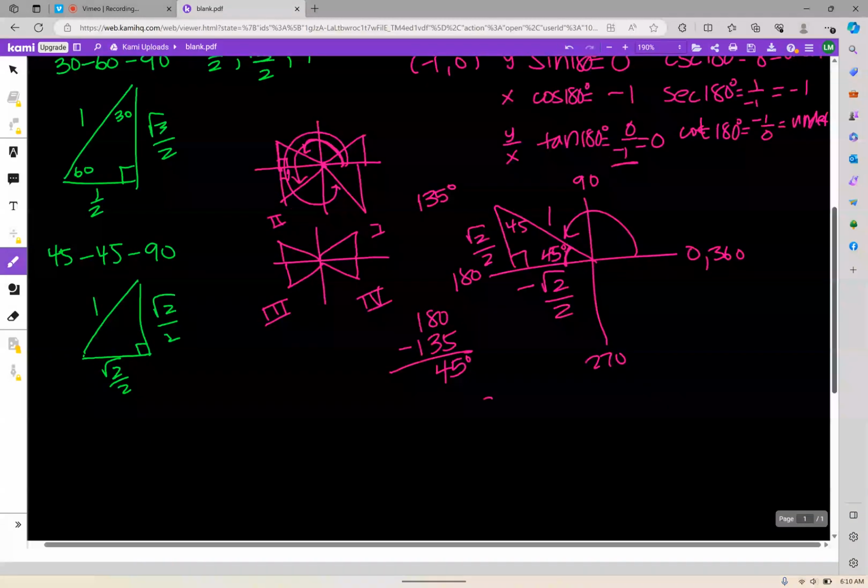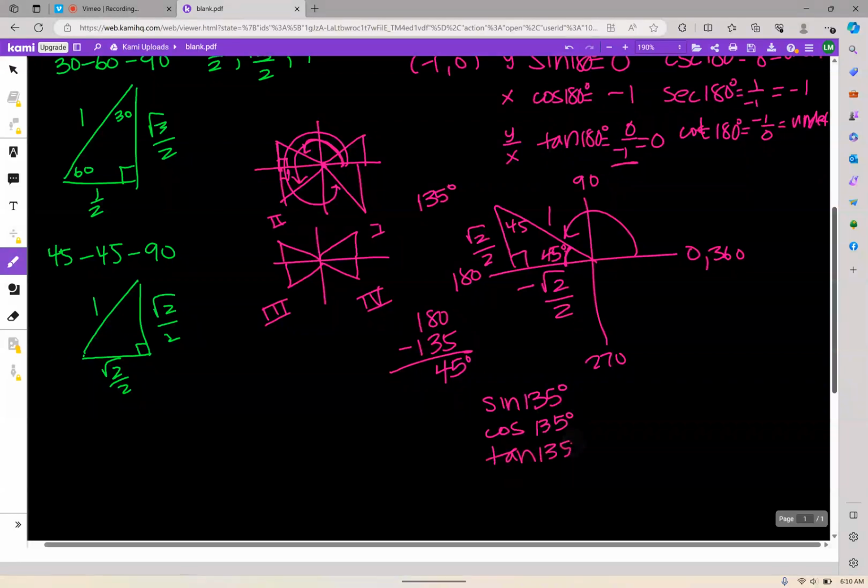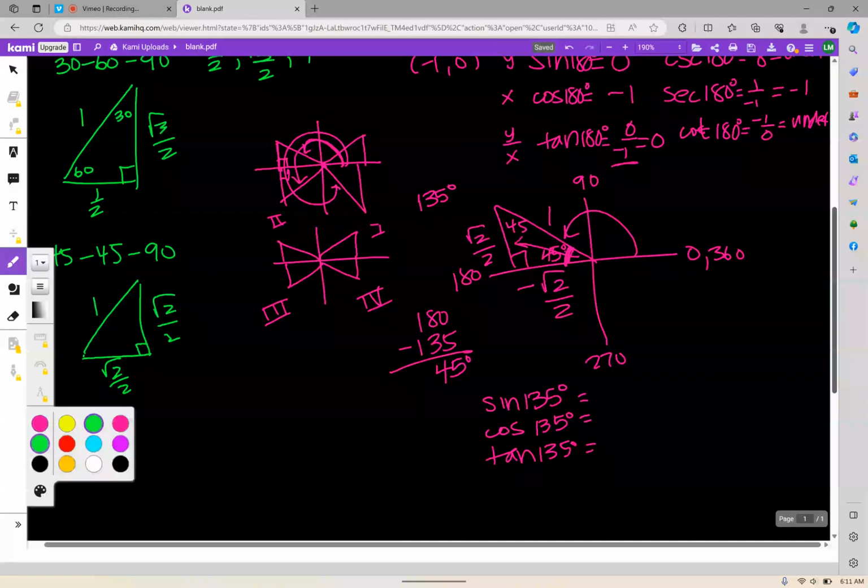So I want to do sine of 135 degrees, cosine of 135 degrees, and tangent of 135 degrees. So sine of 135 degrees, starting from this angle, opposite side. So this would be my opposite, this would be my adjacent, and this is my hypotenuse.